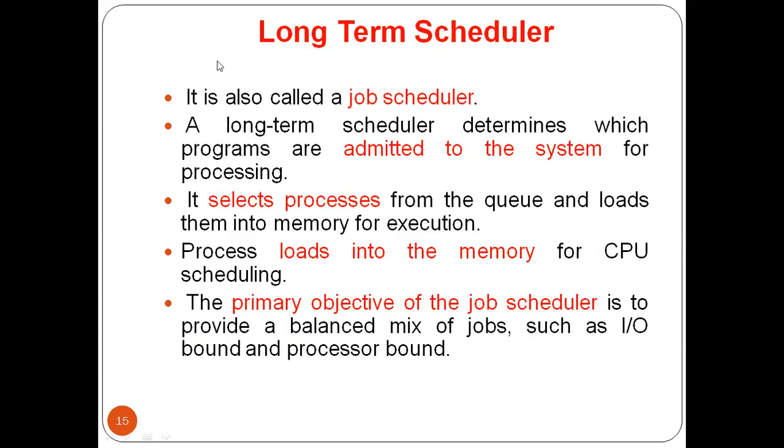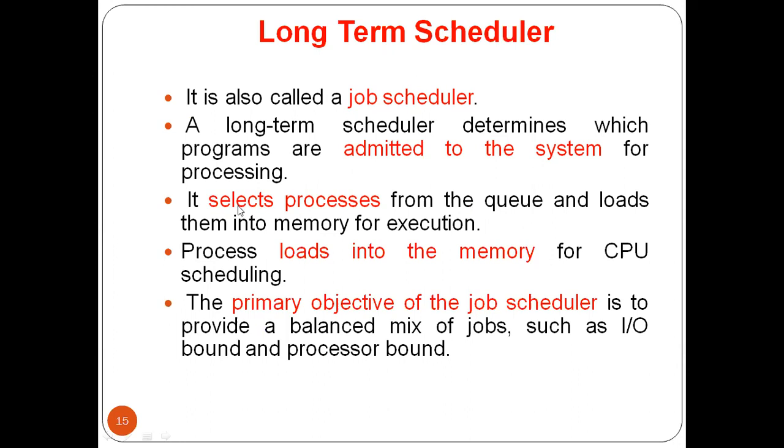First, we'll see about the long-term scheduler. It is also called the job scheduler. So what is the task of a job scheduler? It will determine which programs are admitted to the system for processing.